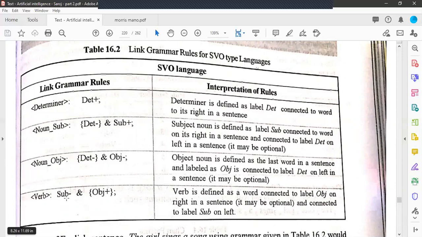Sub minus is occurring at the left, and joined by object, which is optional here, and plus any other term which follows object to the right. And if you observe here, all are ending with a semicolon.